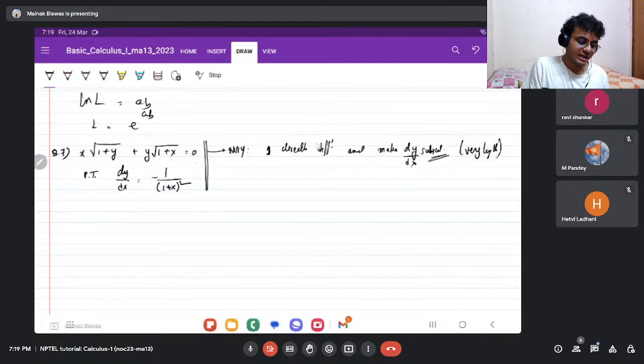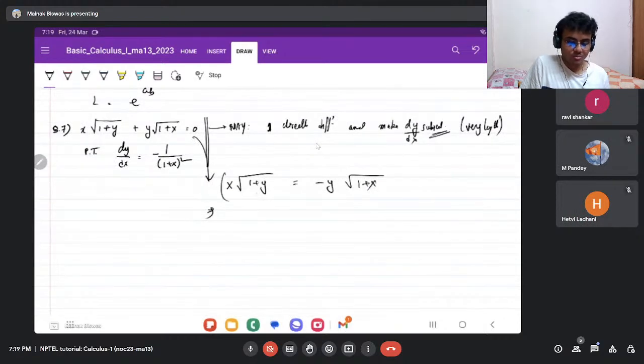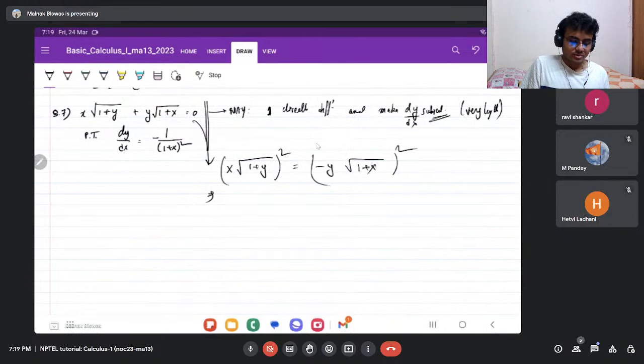So what I did, another way, is let's try to separate the variables as Ravi is suggesting. So x square root of 1 plus y is equal to minus y square root of 1 plus x, right? So I will square both sides. So you have x square into 1 plus y equal to y square into 1 plus x, right?